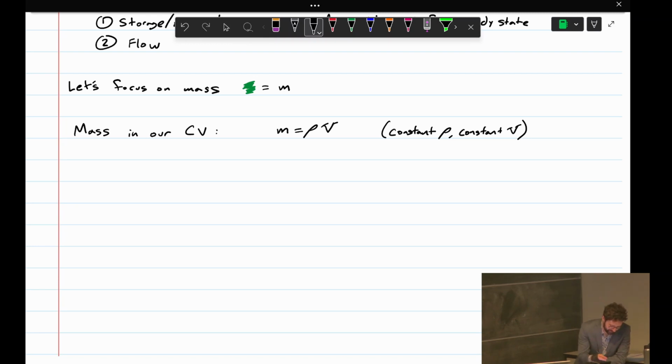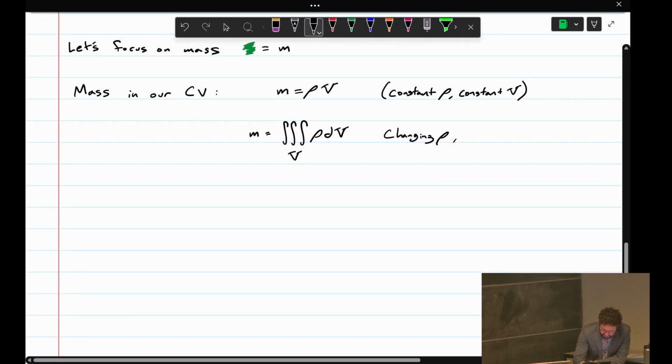So what we need to do is do a volume integral of density in order to get mass. So that's, say, for a changing rho. This is the mass at a given instant.